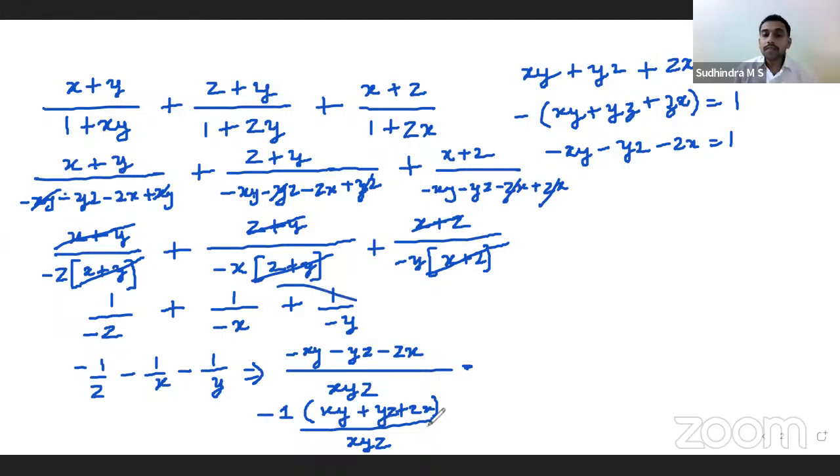What is xy plus yz plus zx? Minus 1, given in the question. So I'll substitute minus 1 there. Minus 1 into minus 1 divided by xyz.